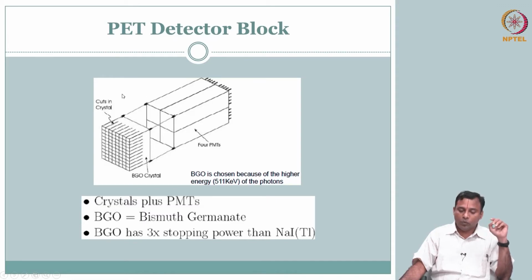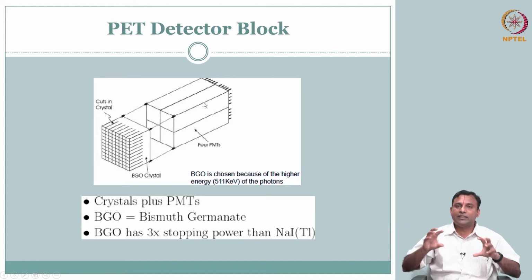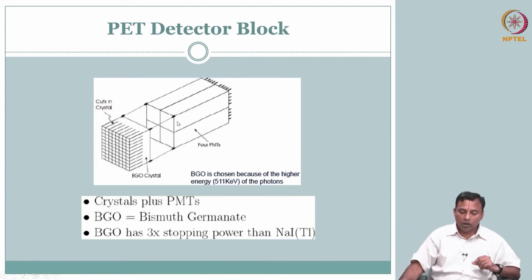You have a big detector constructed based on several blocks, and in each block you have 4 photomultiplier tubes. This is one block that is shown here. So this block is basically your crystal plus your photomultiplier tube, like your previous one.